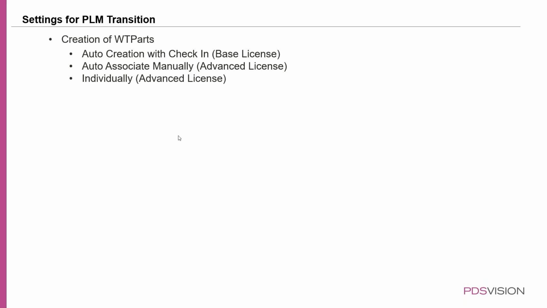But keep in mind that with your Windchill license, I should say with the Windchill environment, PTC has been completely focused on PLM. Because when you buy a base license of Windchill, it does not come with CAD. It comes with basically data management.